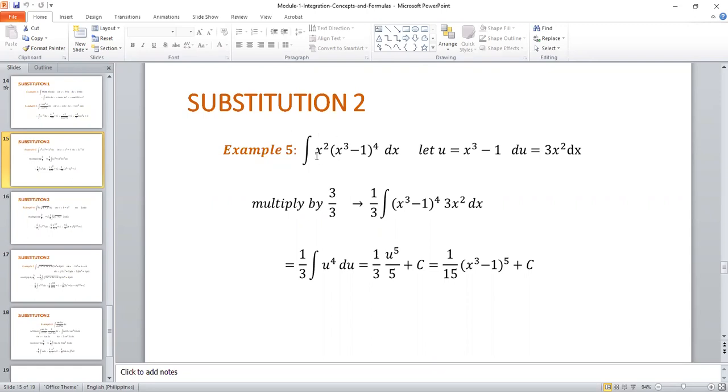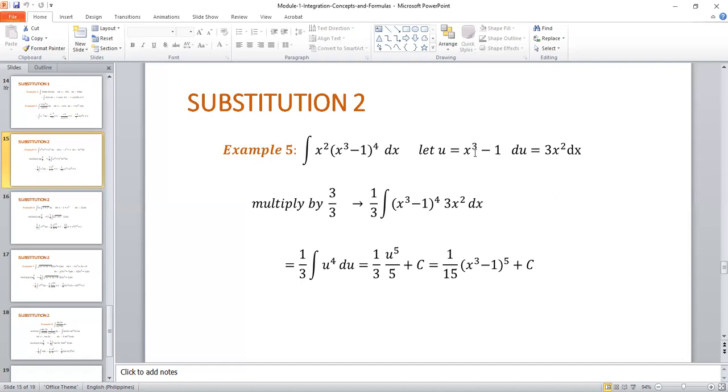Why? Because the process of expanding this is long and you need to multiply x squared. So what you do, you choose the more complicated expression of the two, and I think this one is the complicated expression, and you make that as your u.